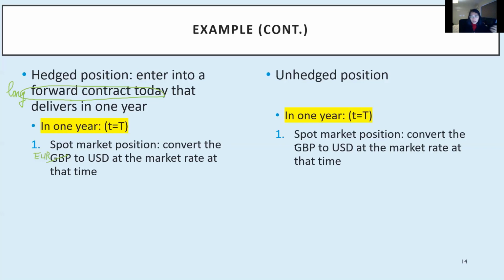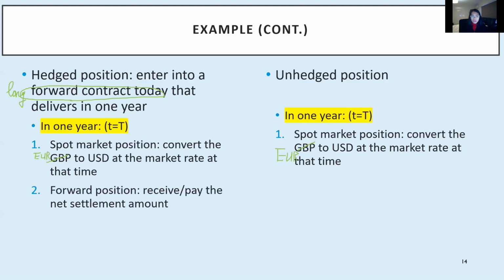With the unhedged position, I'm going to do the same thing in step 1, which is to convert the USD into 100 million euro. Now, with the hedge position, besides converting the USD into 100 million euros, I will also have to settle the forward contract using net settlement, which means that I'm going to settle the difference between the future spot rate and the forward rate.